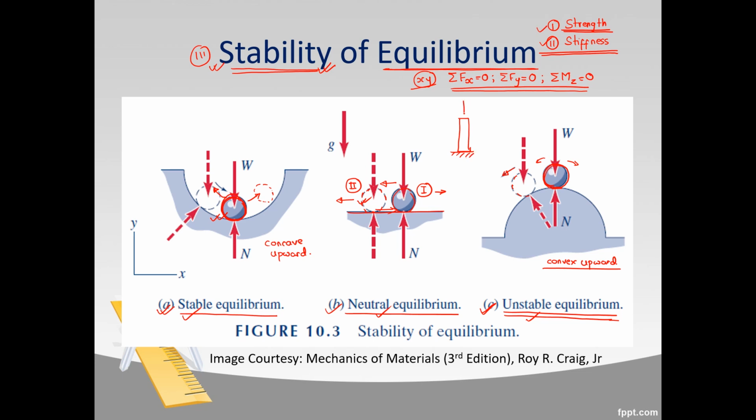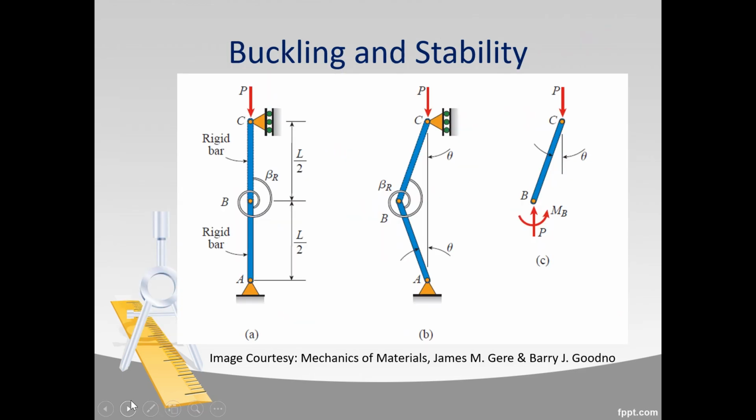These primarily resist axial compressive forces and also resist the bending moments. Columns are primarily vertical structures, and these resist axial compressive forces and bending moments. So let's relate this concept of stability in the case of columns.